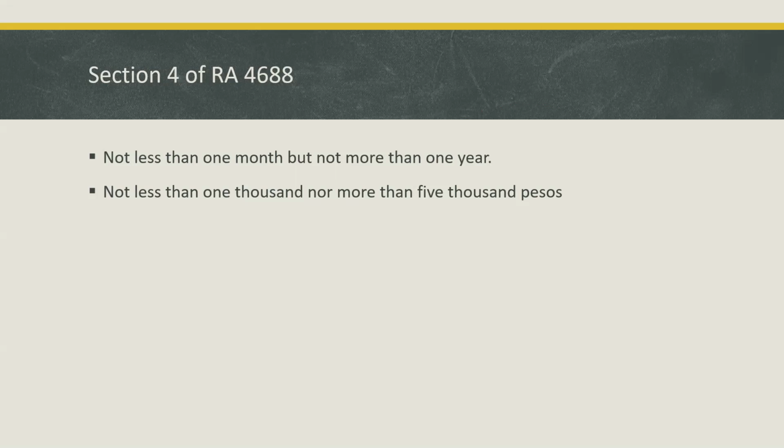The penalty may be imprisonment, not less than 1 month, not more than 1 year, or the fine. This penalty may be both, parehas, pwedeng parehas, depending on the discretion or the decision of the court.